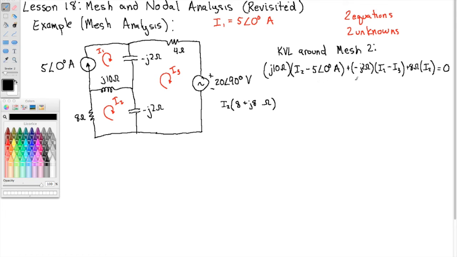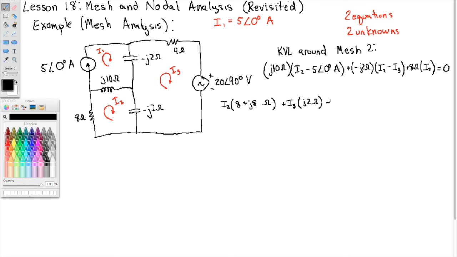Now for I3, we only have this one term here. The minus j2 ohms times a minus 1 makes a plus. So we've got plus I3 times j2 ohms. Now our constant, we have j10 ohms times minus 5 angle 0 amps.